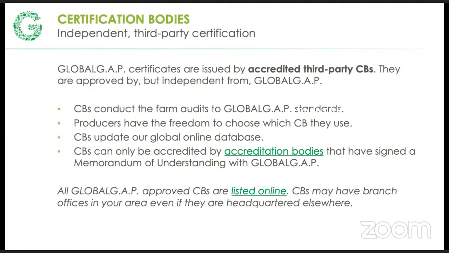So we could go and look which ones are available near to us. Basically, those are the ones you go through and work through to get your inspection done, and they're able to enter that information in the Global Gap system. And then Global Gap issues you the certificate.